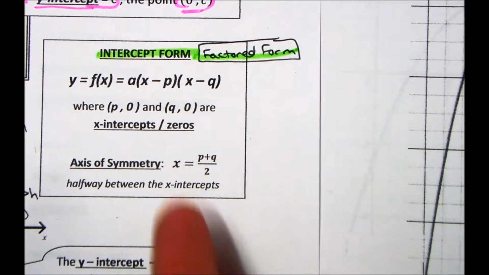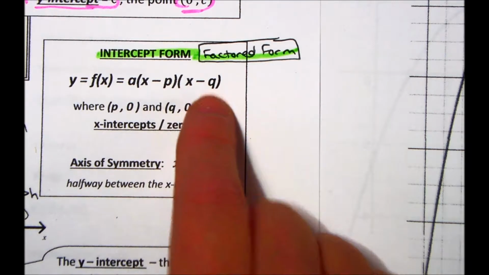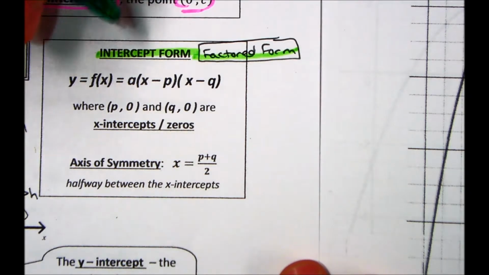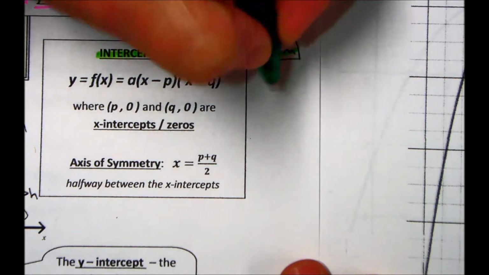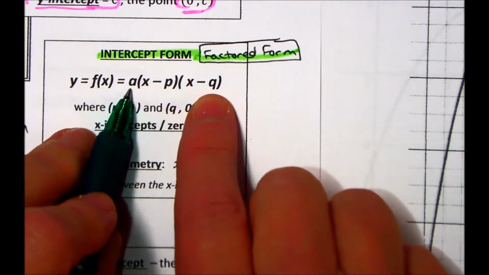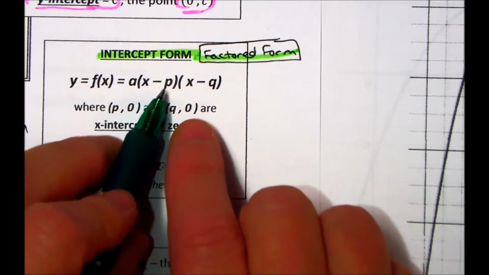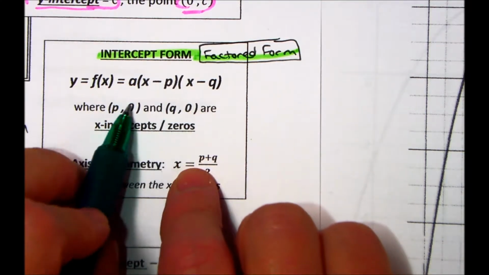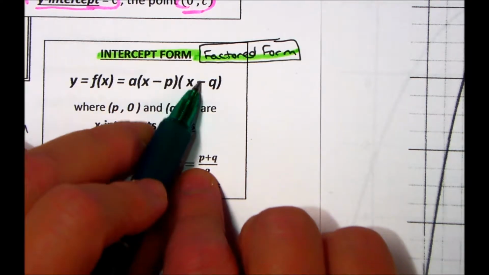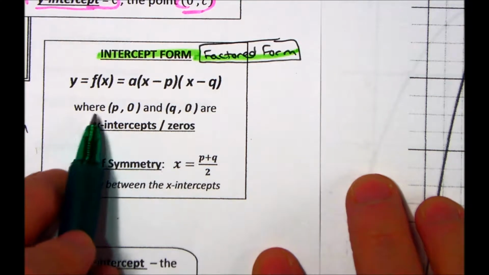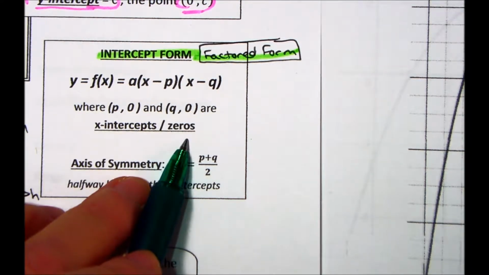What's nice about intercept form is that if you set each of the factors equal to 0 and solve, your factors are x minus p and x minus q, and you would get solutions of positive p and positive q. So the p and q in your x-intercepts are always the opposite sign of what is in the factor. Those are the x-intercepts, or the zeros, of your equation.